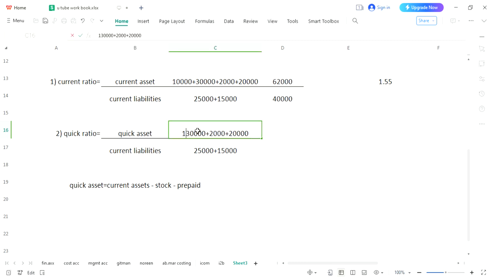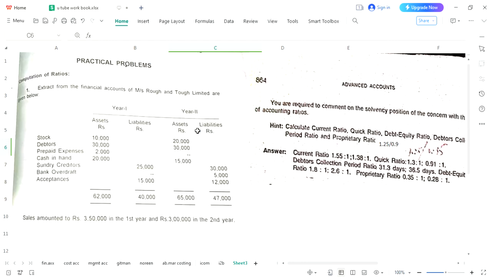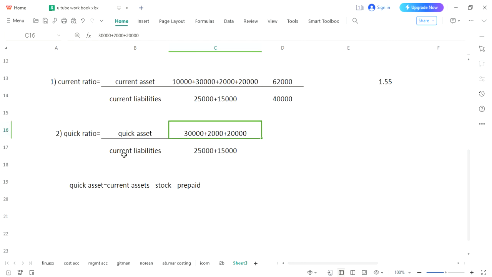Secondly, the prepaid amount is 2,000 and we are going to delete this amount as well. Look at this, it has become quick assets. How? From current assets, we have subtracted the stock and prepaid and we have got our quick assets.